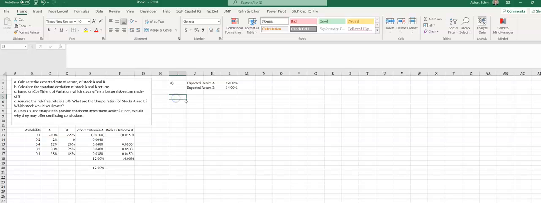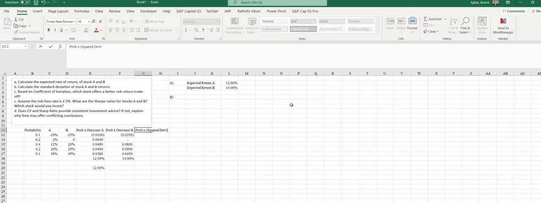So let's go to the calculation of standard deviation. In order to calculate the standard deviations, what we'll need in here, let's call this column probability times squared deviations from the mean.